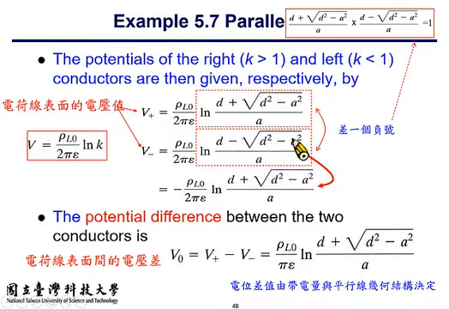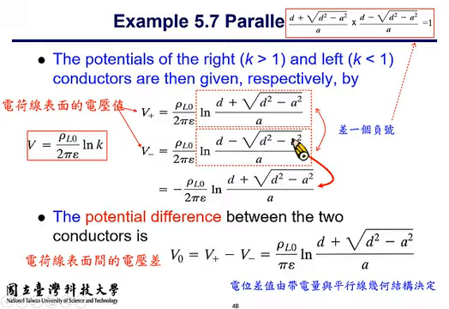So the solution for V minus can be replaced with minus the same expression, log of D plus square root of D squared minus A squared over A. All right? So the total voltage difference between the two can be expressed like this.